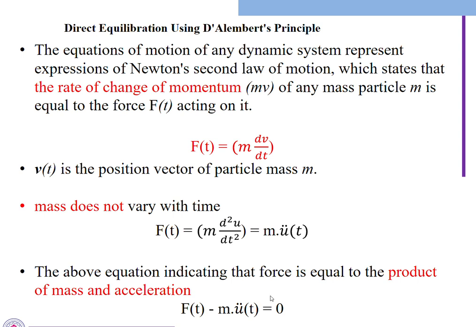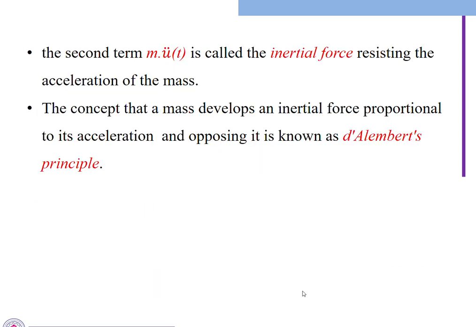To solve the dynamic equilibrium equations, we use this equation everywhere, and depending on it we solve many problems. The second term, m u double dot of t, is called the inertial force resisting the acceleration of the mass.